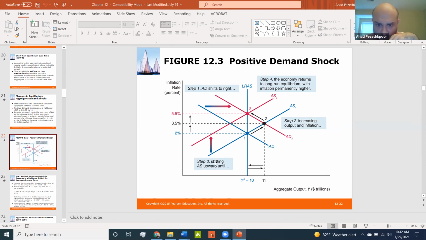So step 3, your aggregate supply would then shift upward. You see what happened? And this is difficult, it even confuses me. When you're experiencing an increase in inflation and output, how does it change aggregate supply?